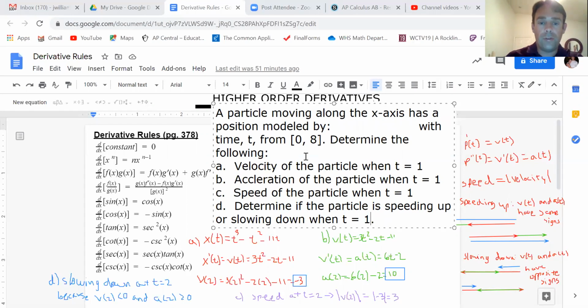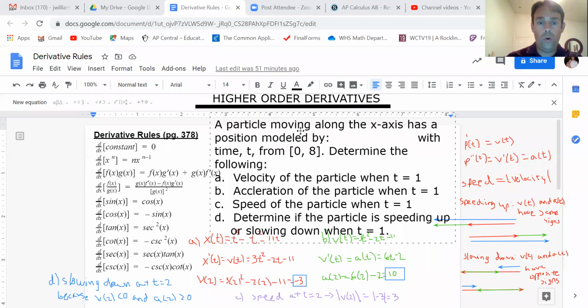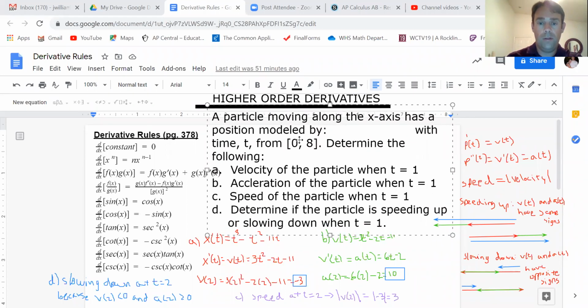Got to move this out of the way real quick so I can get here. I'll move it back. And I can go ahead and type in our equation.